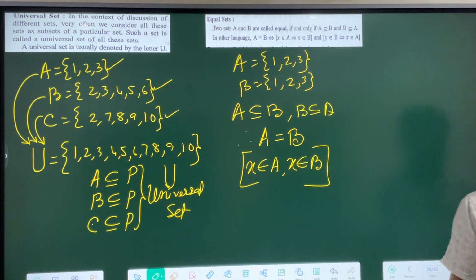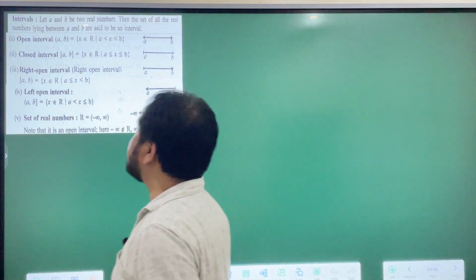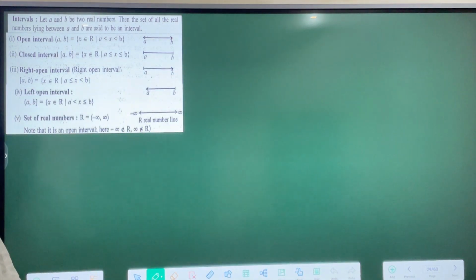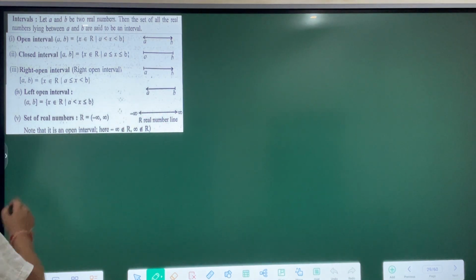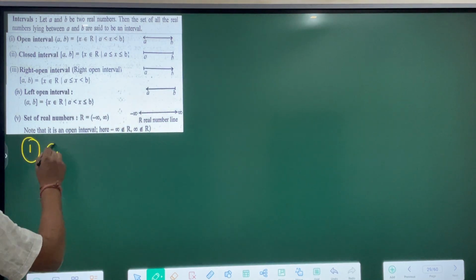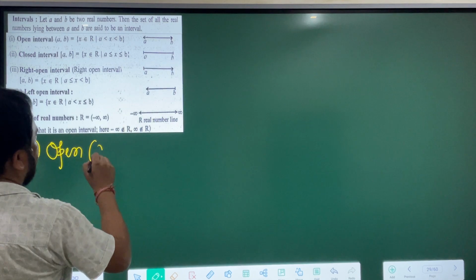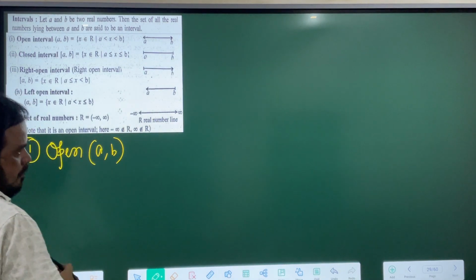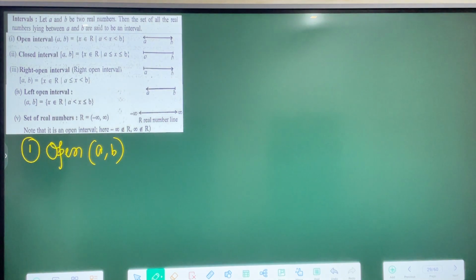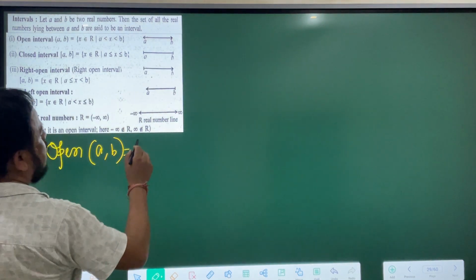Now you can understand. Some intervals are there. How to use intervals. Number 1, open interval. Let me write the open interval (a, b), with small brackets on both sides.